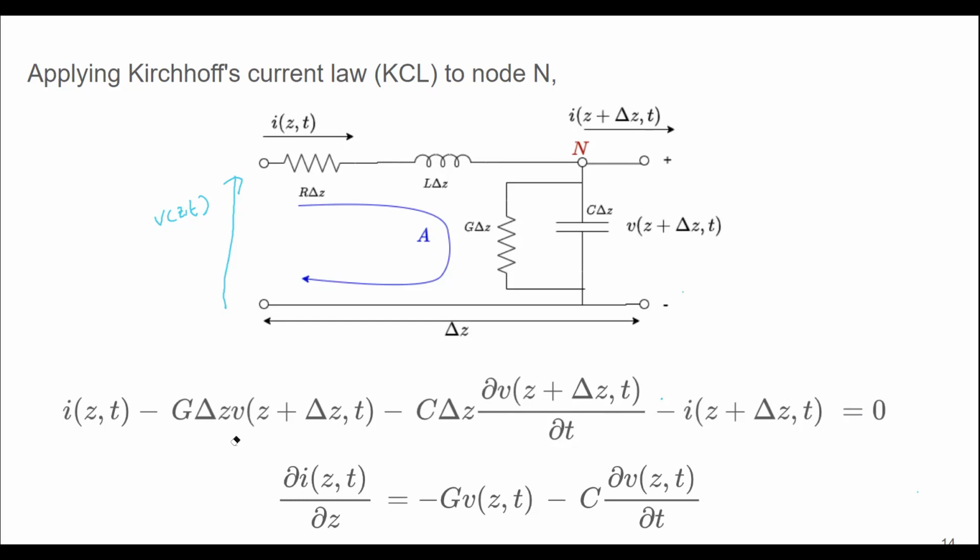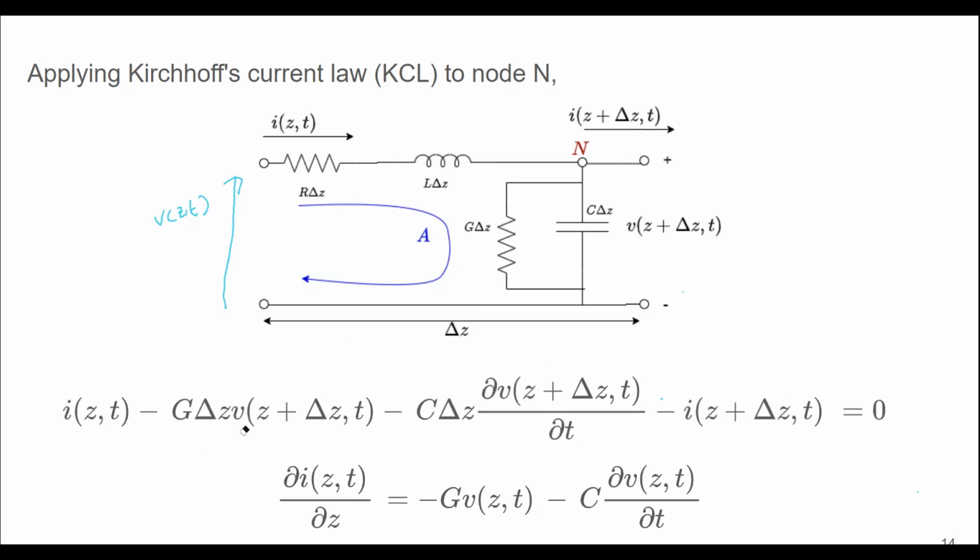And we can find the total current across the resistor by multiplying the conductance value with the voltage value across the resistor.